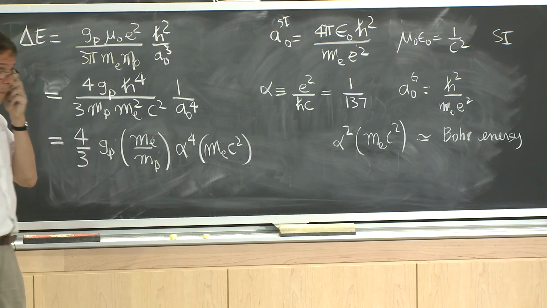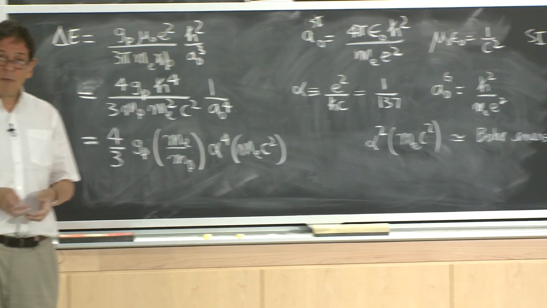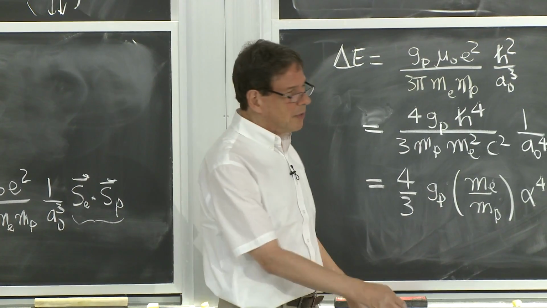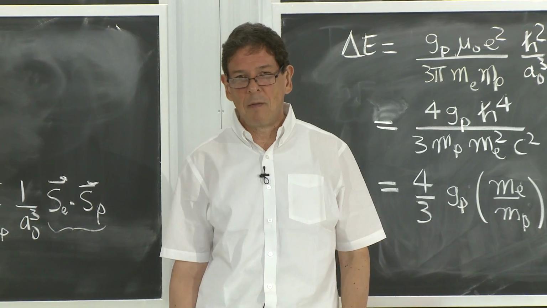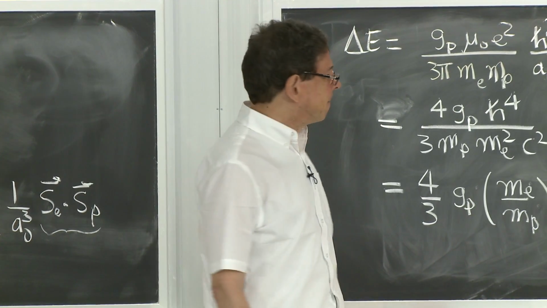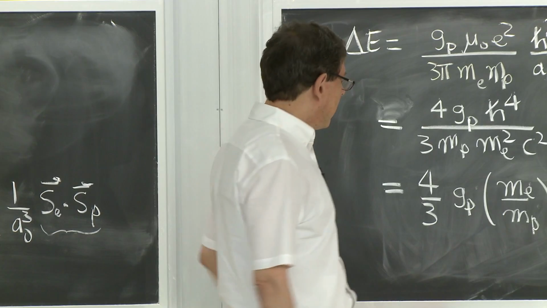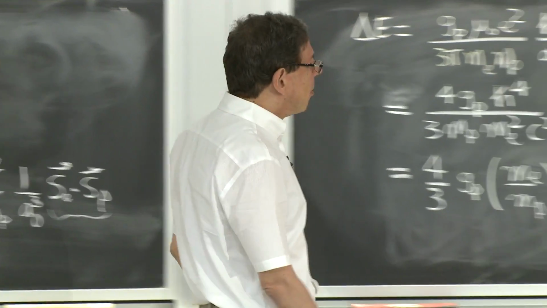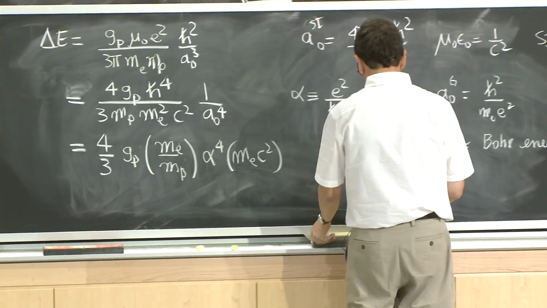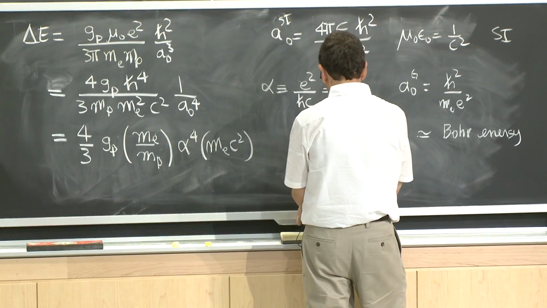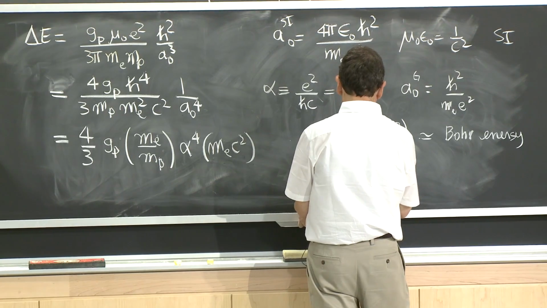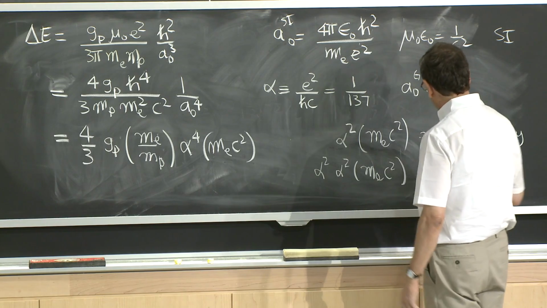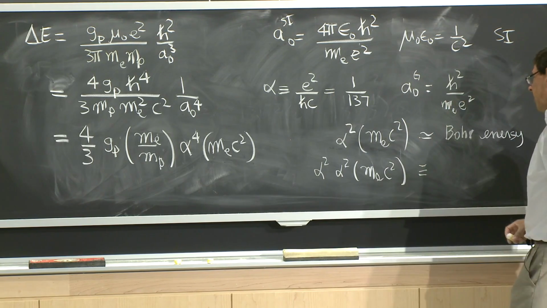So the rest energy of an electron is 500,000 eVs. By the time you multiply by alpha squared, which is about 1 over 20,000, you're down to those 13 or so eVs, up to a factor of 2. So this is the Bohr energy. If you multiply by another alpha squared, this is the fine structure modification of the energy level.